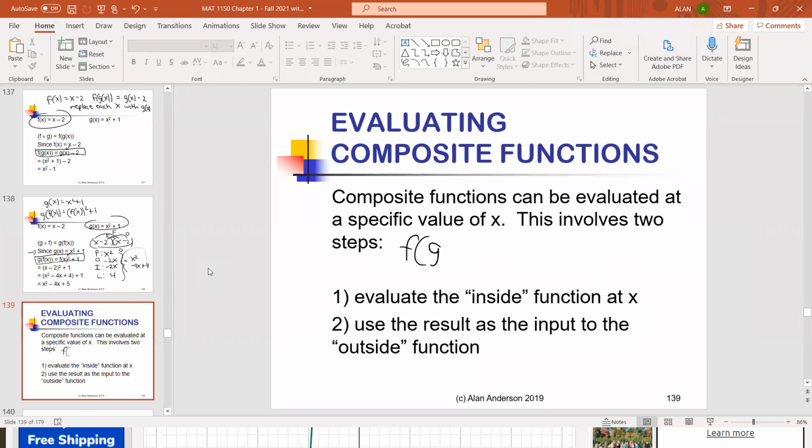In other words, the g of x in this case is the so-called inside function. So what you should do is don't put g of x into f of x; calculate what g of x is, come up with a constant, and then evaluate f of that constant. And this f is the so-called outside function, as it's called.